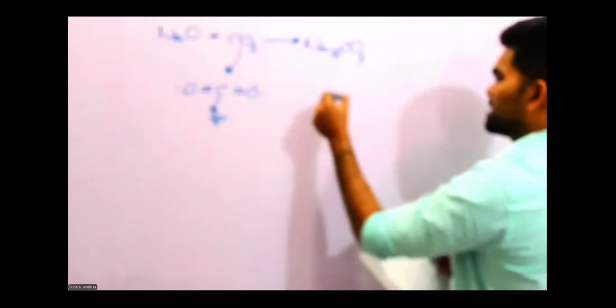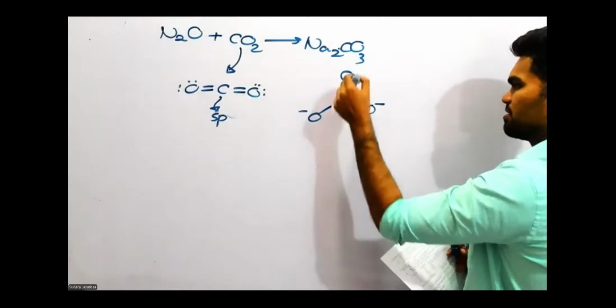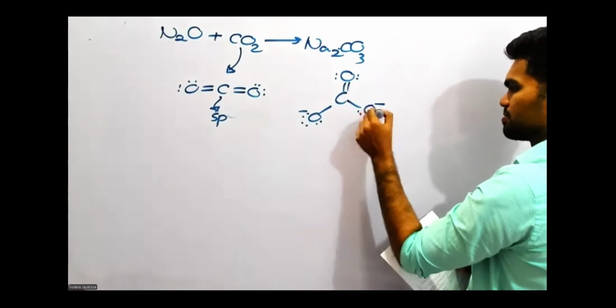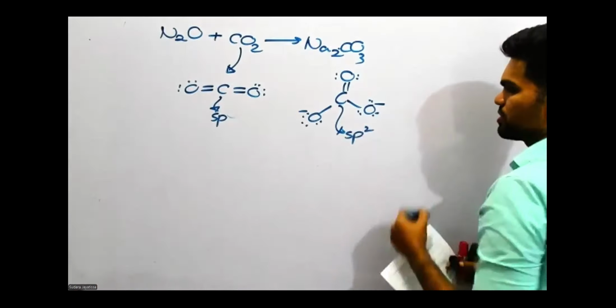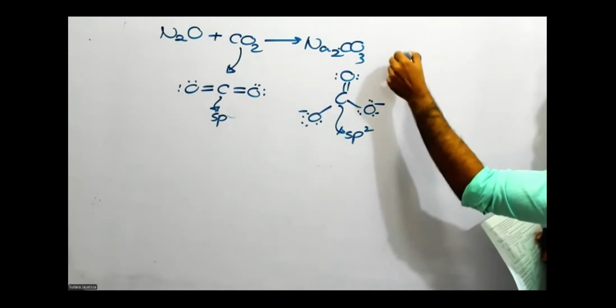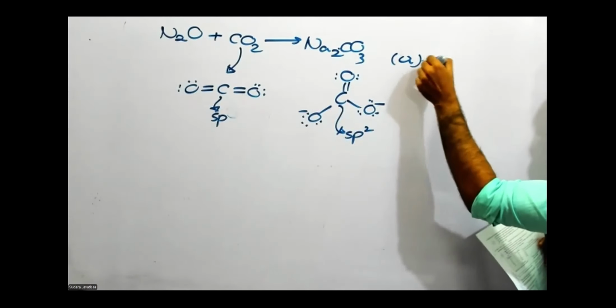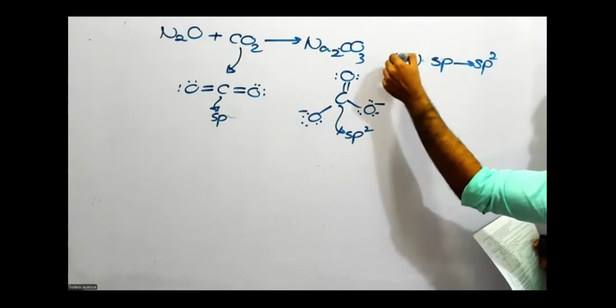And our carbonate ion, this is how we draw its Lewis structure, and its hybridization is sp2. So it's not sp2 to sp3. It is actually from sp to sp2. So the statement is wrong. So A is wrong.